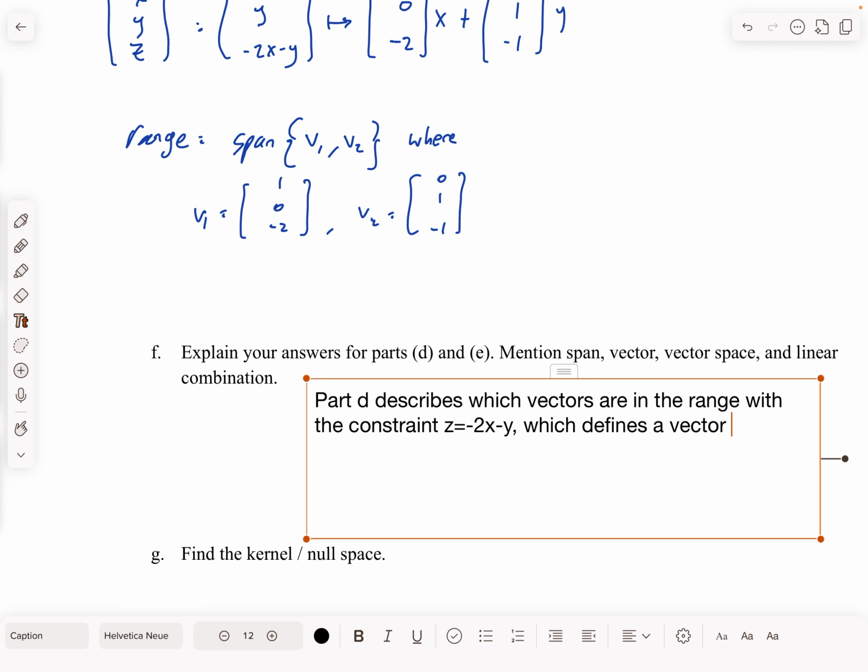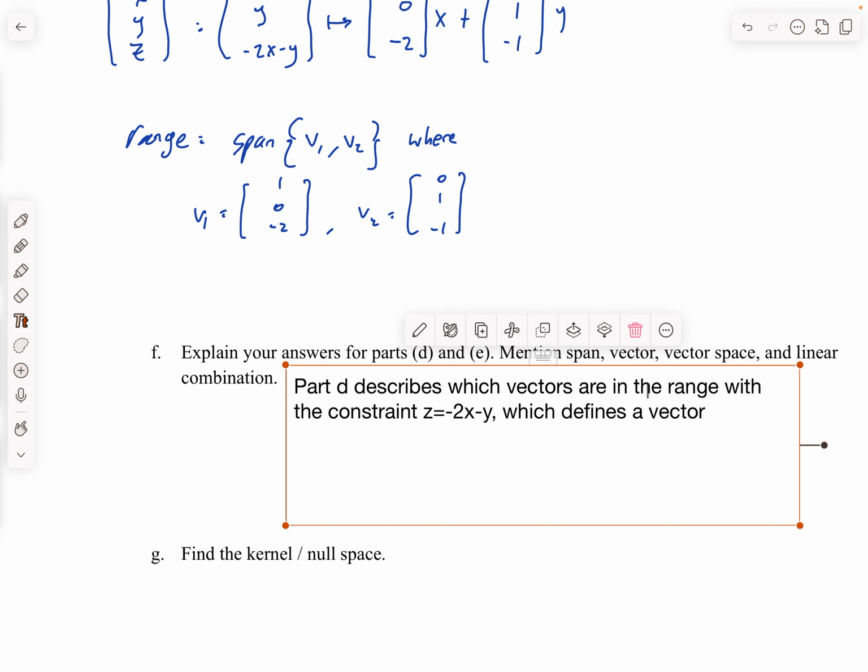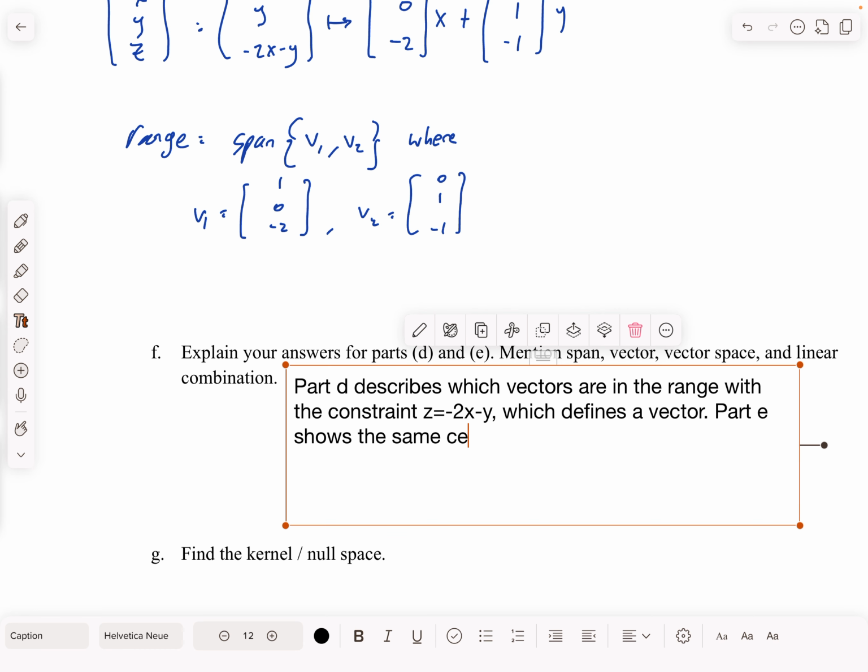Which defines a vector space, right? Because that itself is the plane that we talked about that goes through the origin. Part E shows the same vector space as the span of 2 vectors, v1 and v2.